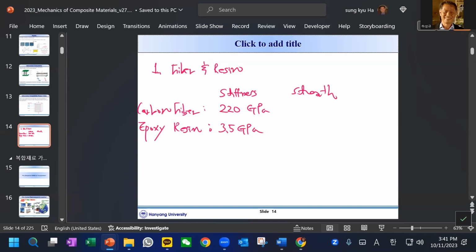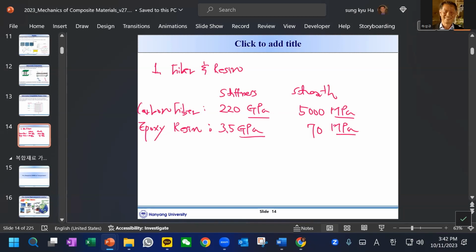I hope you remember these numbers. They are very important numbers. You have to remember them as a reference so that you can easily judge other material properties compared to carbon and epoxy. Now, strength can be like 5,000 megapascal, and epoxy strength will be about 70 megapascal. So usually for stiffness we use gigapascal, and for strength we use megapascal.